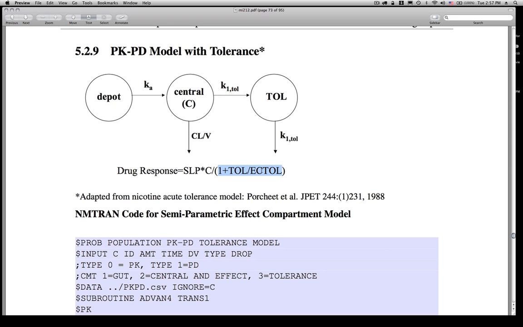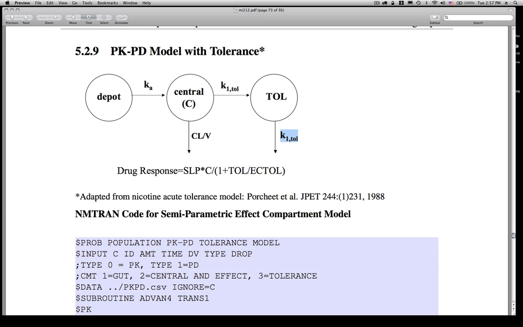It's sort of like the KM or the EC50 for the tolerance effect. The smaller the EC-tol, the more potent the tolerance effect. K1-tol here is the exit rate constant. It serves a similar purpose to K1E in that it describes the time course of the generation of tolerance to this response.